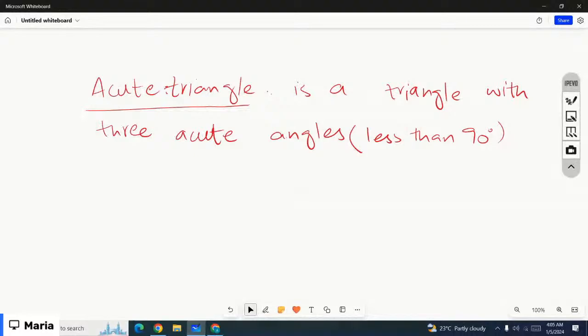The next one is obtuse triangle. So let's see which is the obtuse triangle.